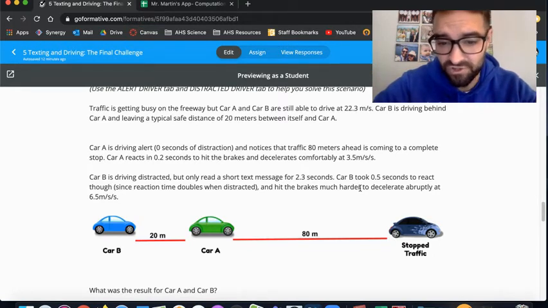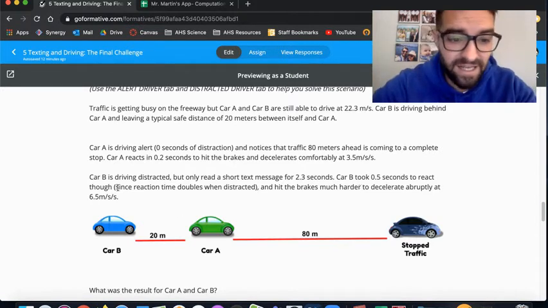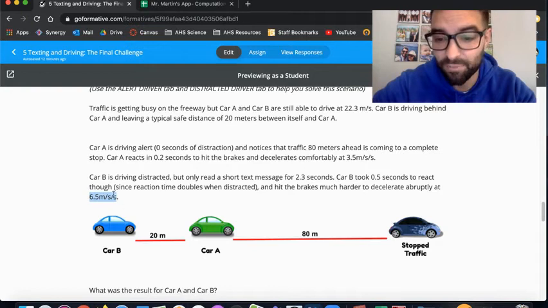Car B was distracted, maybe in a panic mode now, hits the brakes much harder to decelerate abruptly at 6.5 meters per second. And if you recall, this was about as high as a non-professional vehicle and driver could achieve, depending on their circumstances. So this is a very good rate of braking.